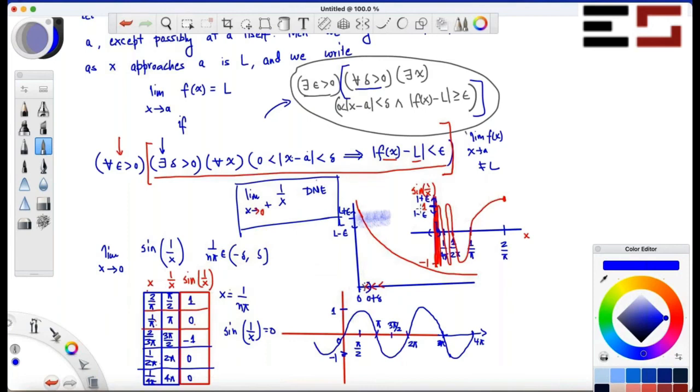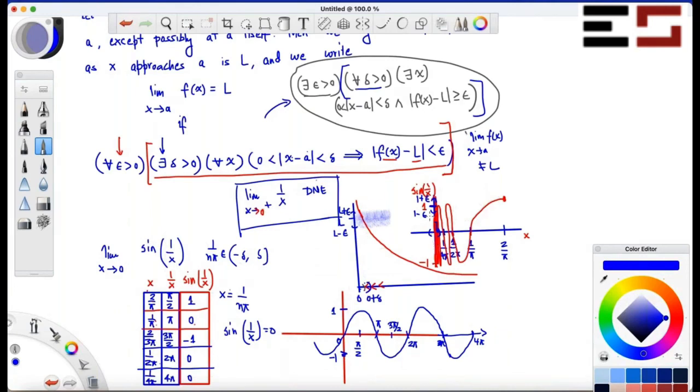Is that fine? And therefore 1 is not the limit. Similarly, you can show that 0 is not the limit, and you can do that for any number between -1 and 1. So no number between -1 and 1 is a limit, and therefore there is no limit.